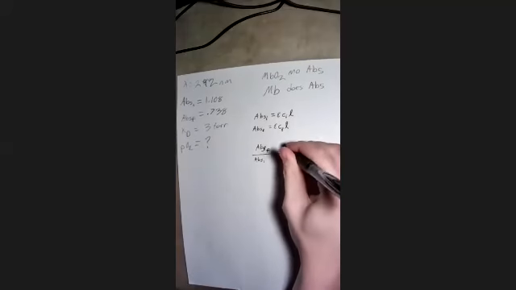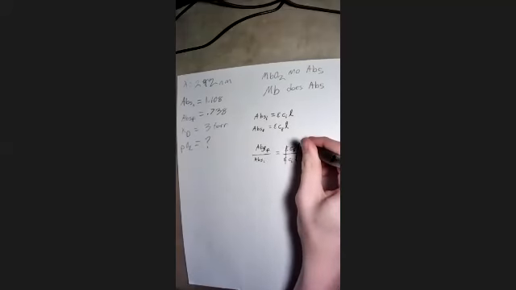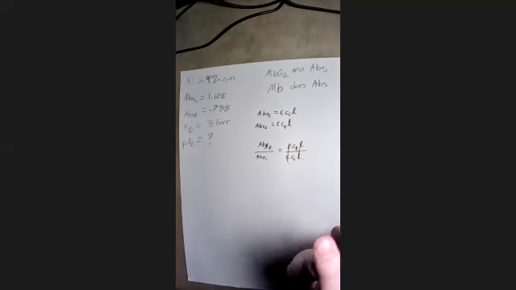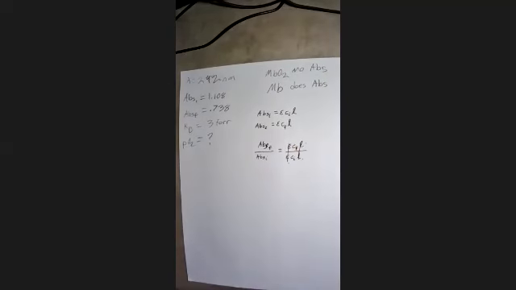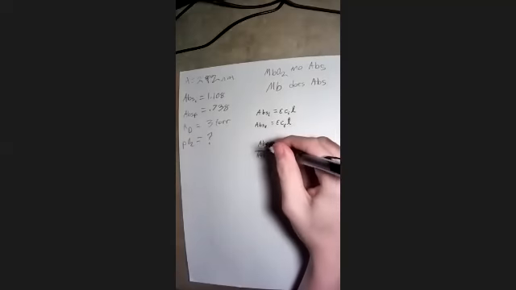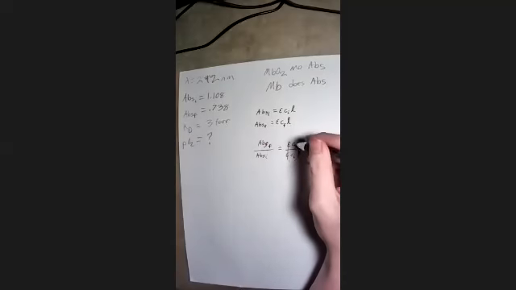These two cancel out, right? Path length on top, path length on bottom cancel out, epsilon on top, epsilon on bottom, those cancel out. All right. So the ratio of the absorbances is the same as the ratio of the concentrations.